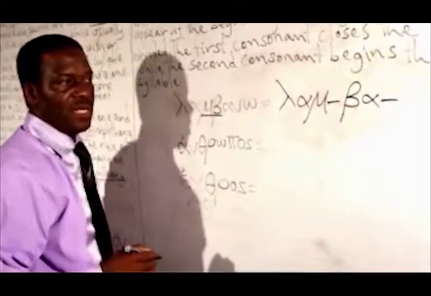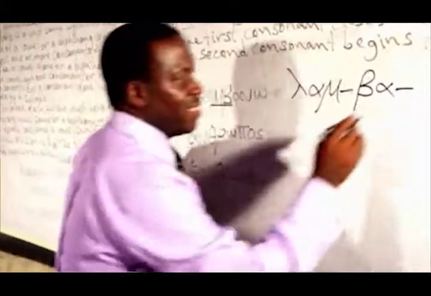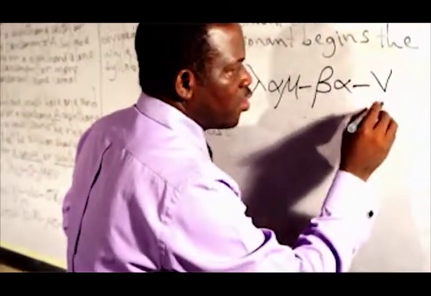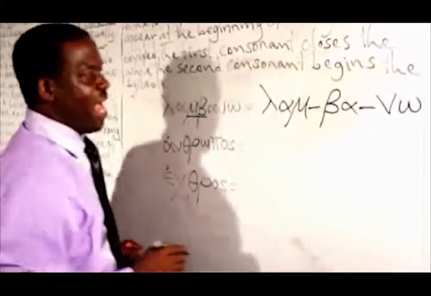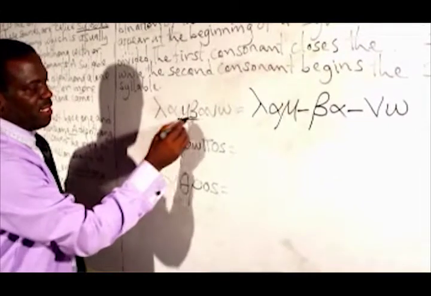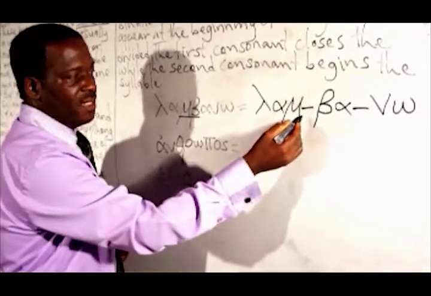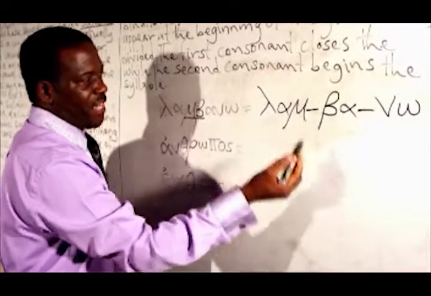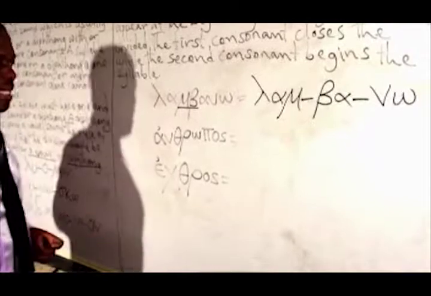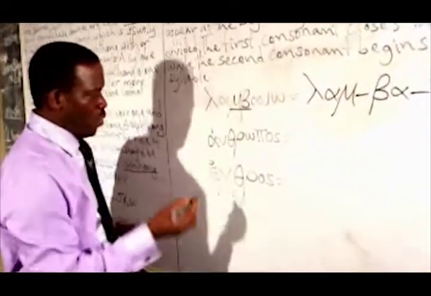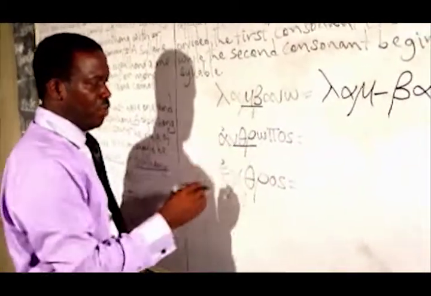Immediately after the vowel, we draw the demarcation line. Then the next letter is nu, followed by omega: no. We have lam, ba, no. So the two consonants that appear consecutively in the middle of the word are split in syllabification. So here we have three syllables: lam, ba, no.